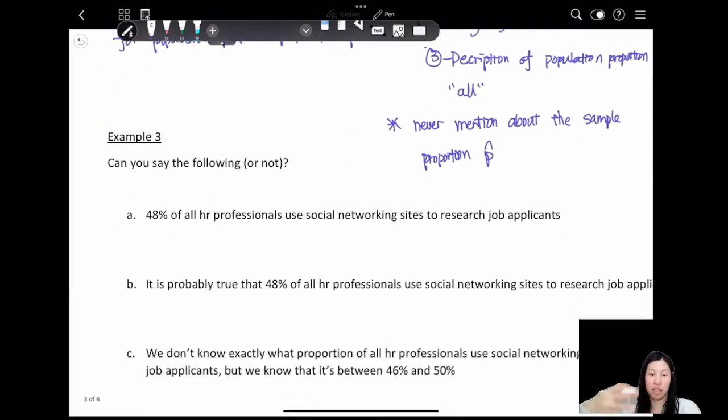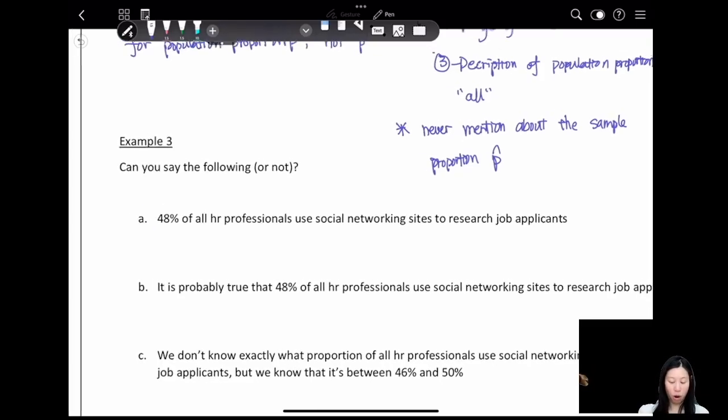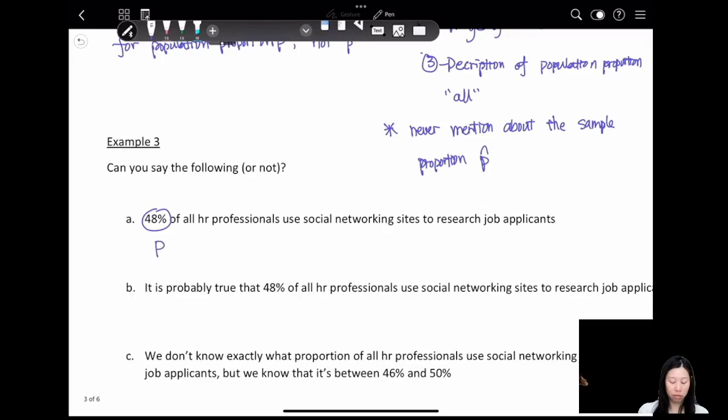Okay, so now let's see, can we make the conclusion like the following sentences? Is that correct? It says 48% of all the HR professionals use social networking sites to research job applicants. This part gives you a proportion, right? But 48% is actually the p hat, the sample proportion, not the population proportion.